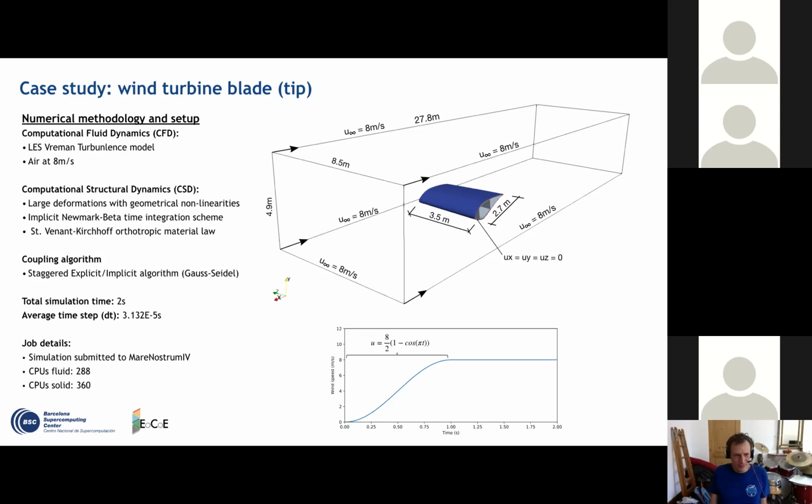And from the material point of view, we use an orthotropic Saint Venant-Kirchhoff material law. Then for the coupling algorithm, we use a staggered explicit-implicit algorithm, the well-known Gauss-Seidel. This simulation was run in MareNostrum 4 with 288 CPUs for the fluid domain and 360 CPUs for the solid domain.